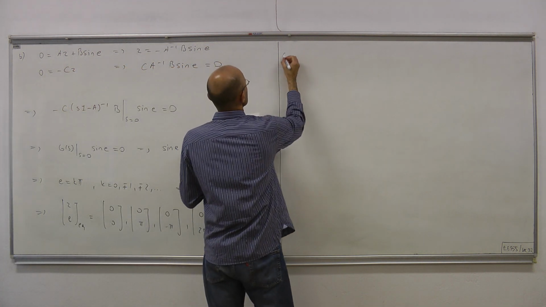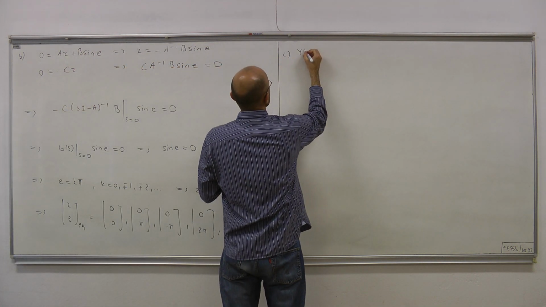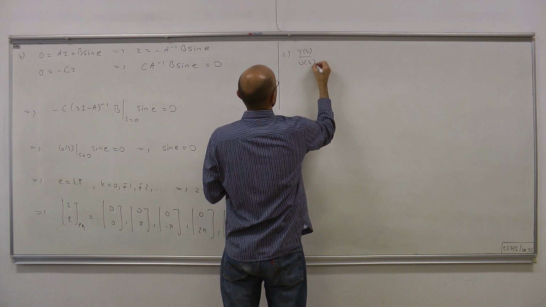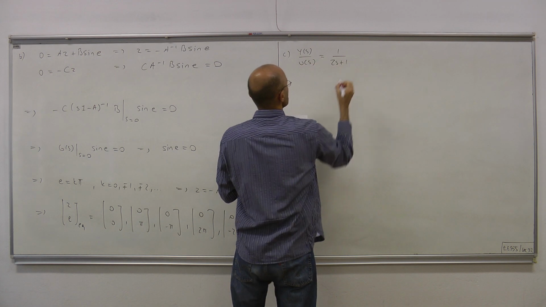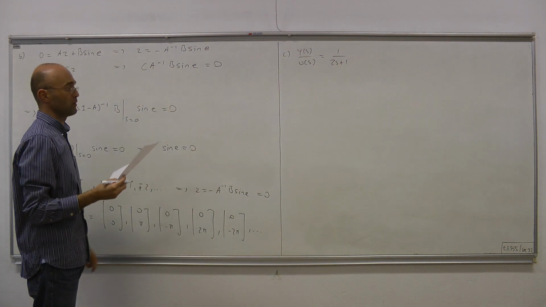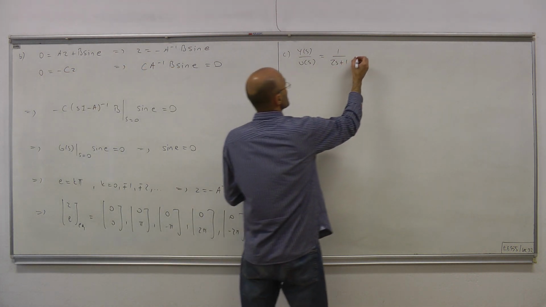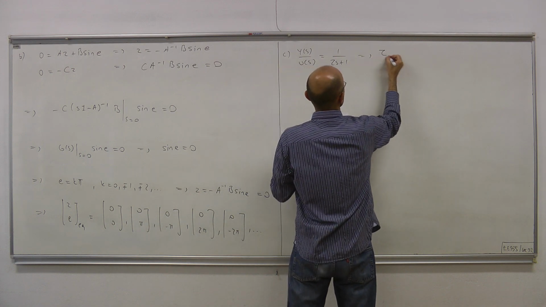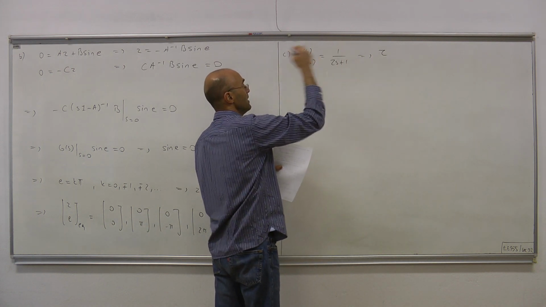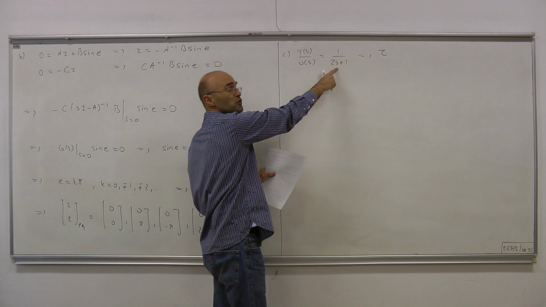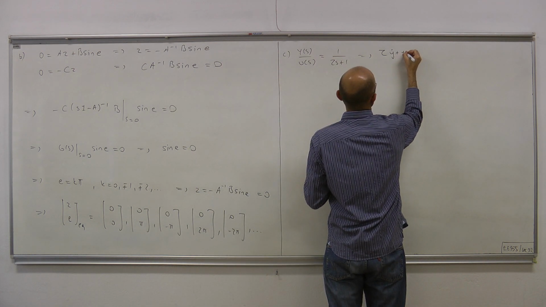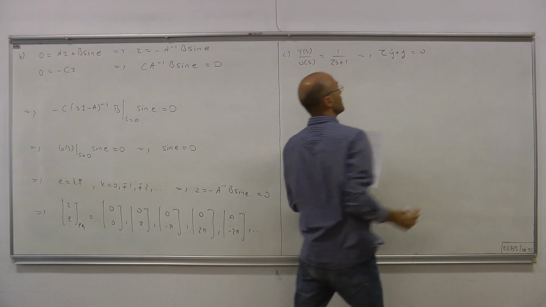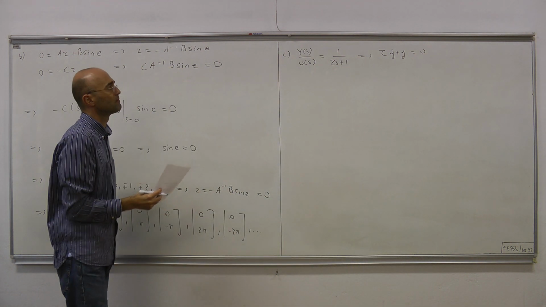C. Now, for the transfer function G of s given to be 1 over (tau s plus 1), in the time domain, s corresponds to differentiation, therefore what we have is tau y dot plus y equals the input.